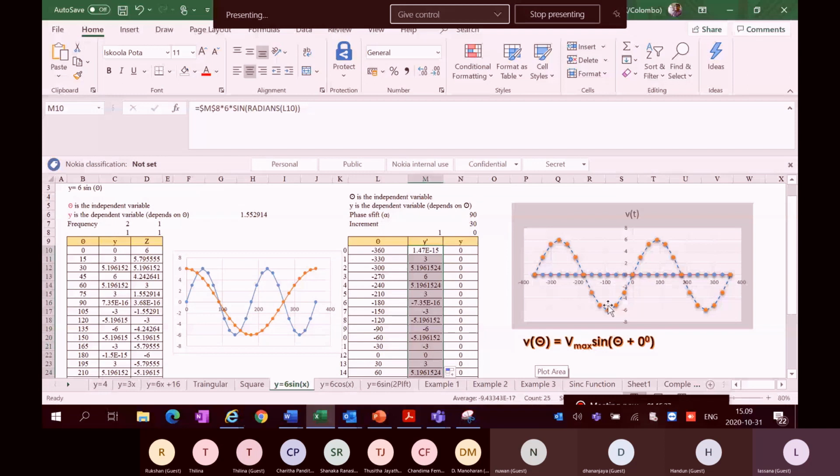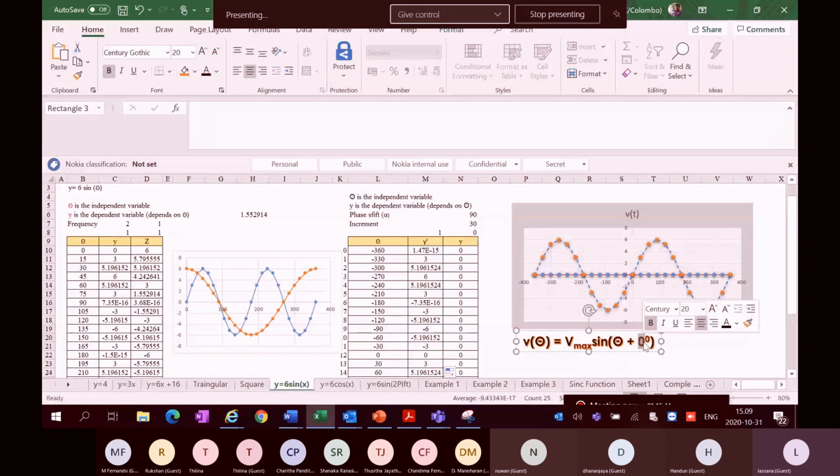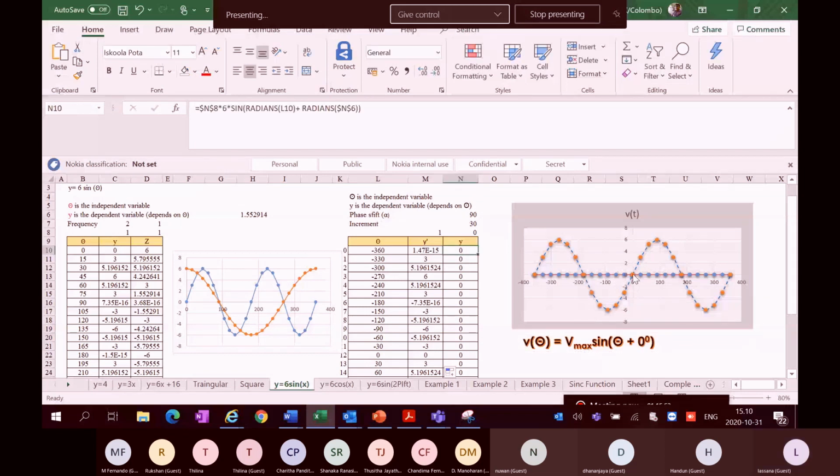That graph also draws the same sine signal like what you see here, but this signal has a phase angle. Here you don't have a phase angle, so the signal equation is a little shorter. Here, as you have the phase angle as well, this equation is a little bit longer.